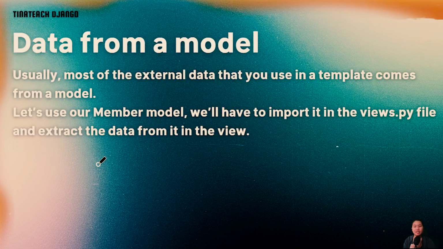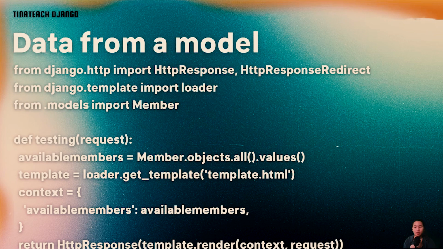Now, getting data from a model. Most of the external data that you use in a template comes from a model. Okay, member model is the one that we created. We have to import it in the views.py file and extract the data from it in the view. How do we do that? Okay, so let me just resize this a little bit.